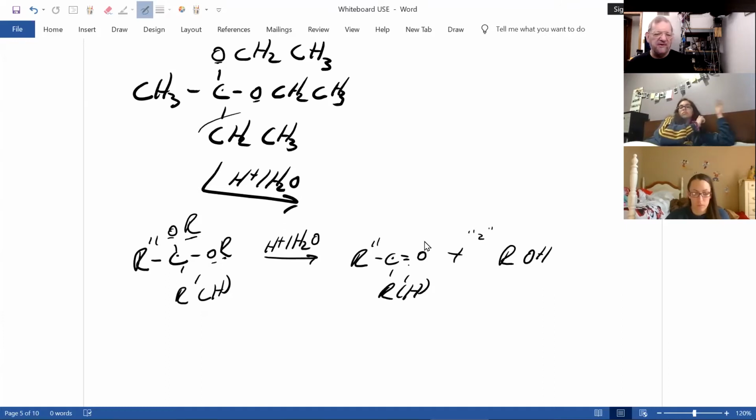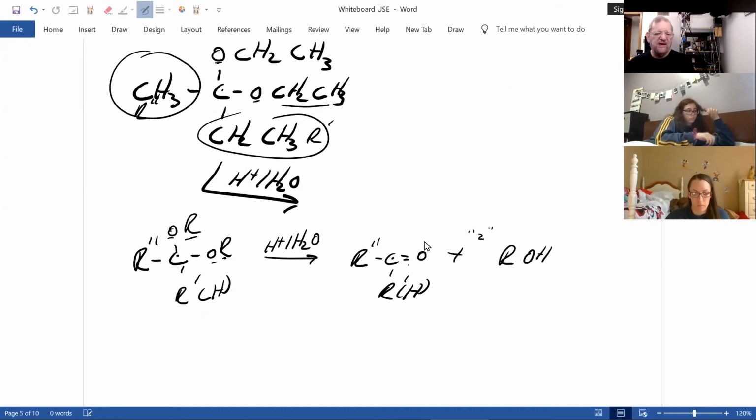So if we come up here, this is R prime, it doesn't matter what you call R prime or R double prime. This is R double prime, and here we have R. Therefore, keep an eye on this carbon, what's attached to it.